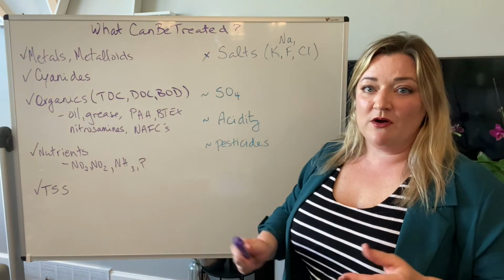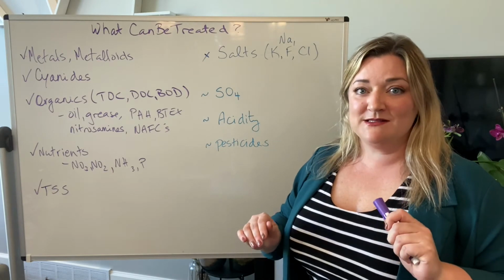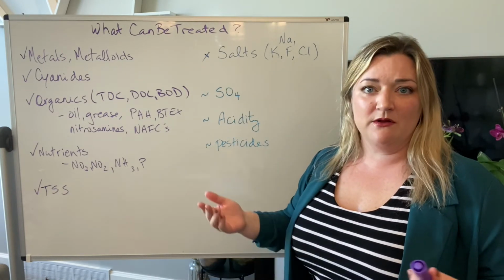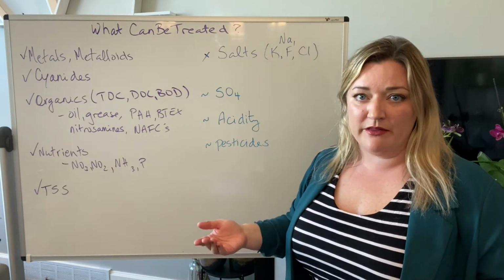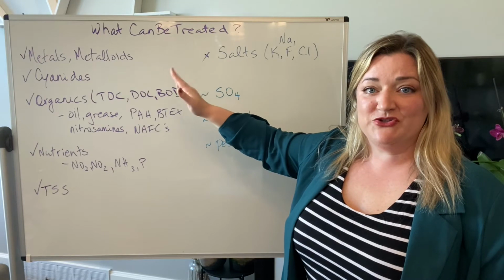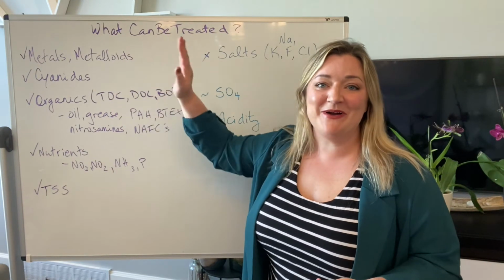So, of course, we're not saying these things are magic, far from it. These treatment systems are all designable, calculatable. We can model them and predict what they're going to do. I want to make sure I'm not getting taken out of context. I'm not saying that all metals and metalloids, no matter what concentration, can be treated.